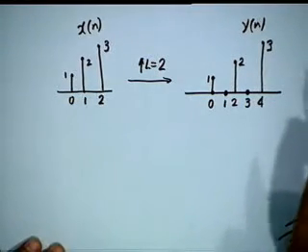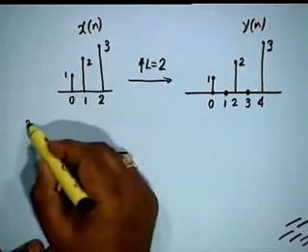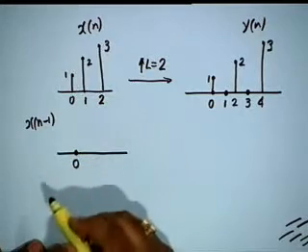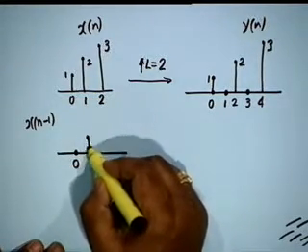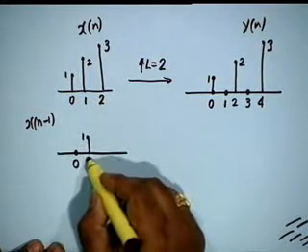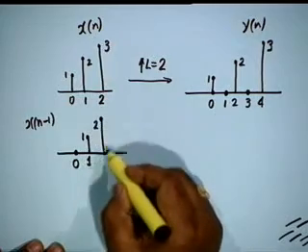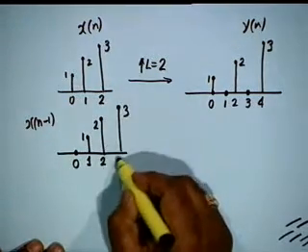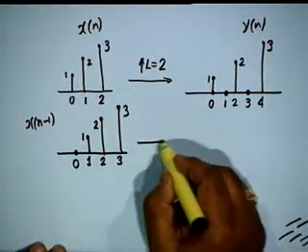Okay. Now, if I delay this signal by one sample, then I start with a 0, then a signal of amplitude 1, next a signal of amplitude 2, and finally a signal of amplitude 3 at 3. This is x of n minus 1.